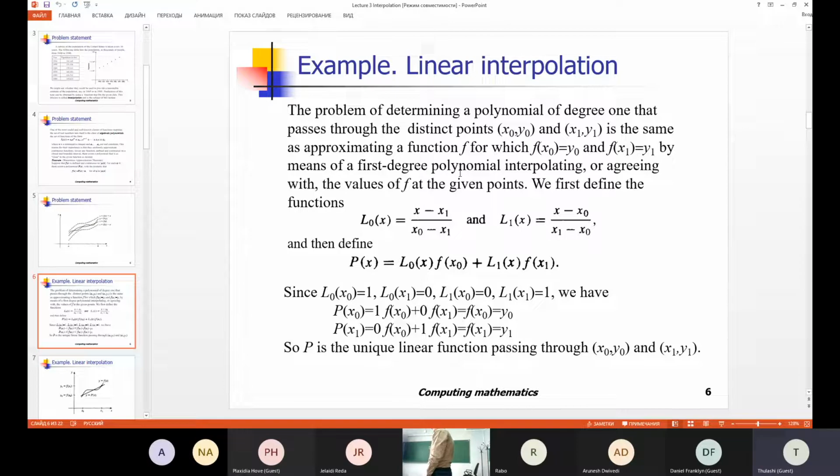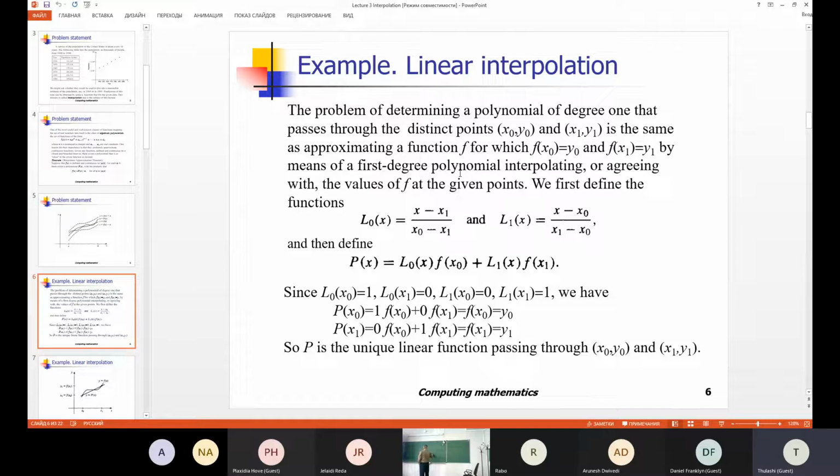The second term will be 0, because 0 over some number, the x1 minus x0, will be 0. Because you have 0 here. Plus 0 times y1. And finally, p of x0 equals y0.